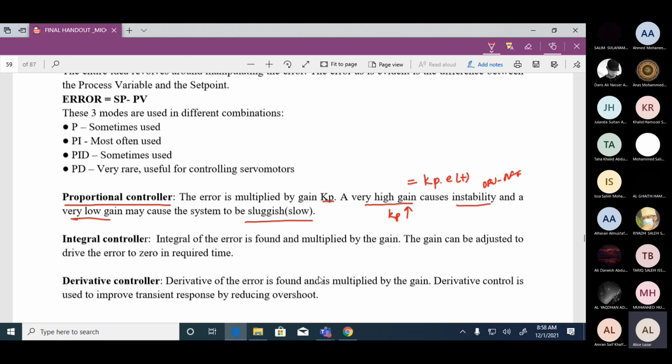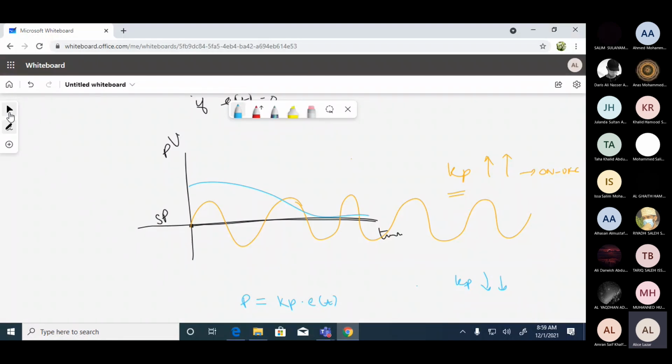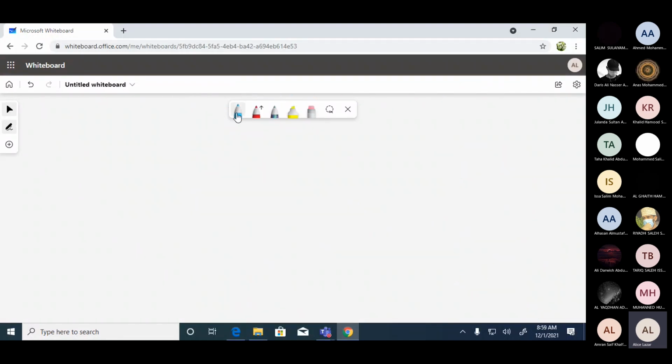So we have to design the controller such that Kp will make sure that the proportional controller's output is going to take the process variable back to the set point whenever there is a disturbance. What happens actually, okay, so this is time, and this is your process variable. This is the set point.